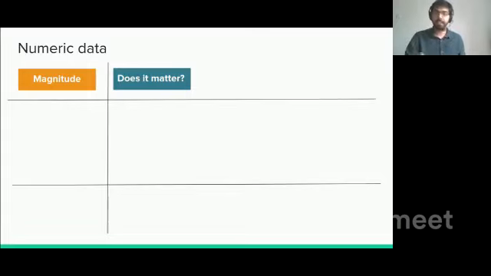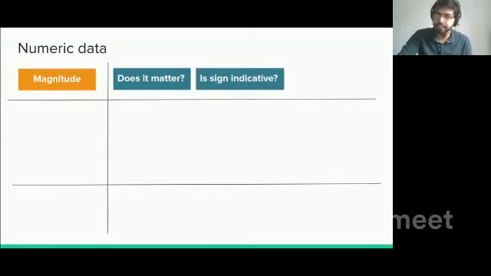And when it is numeric data, you think and you ask yourself, does it matter? Is the sign on the numeric data column indicative? If you have a plus sign or a minus sign in your numeric data, does that mean something? For example, there are scenarios, this doesn't apply to numeric data, but I just wanted to share now, where you assign a -1 to a value that does not belong to your expected distribution or to your expected values.